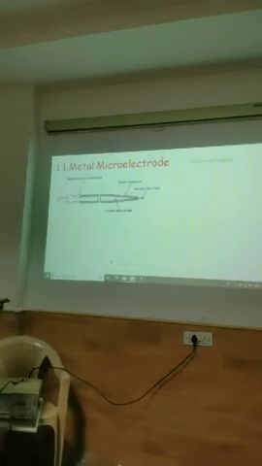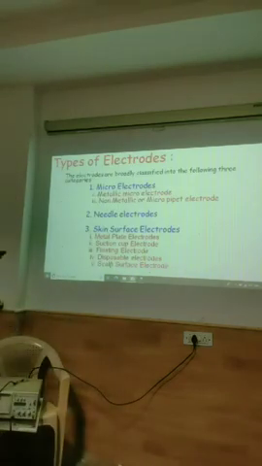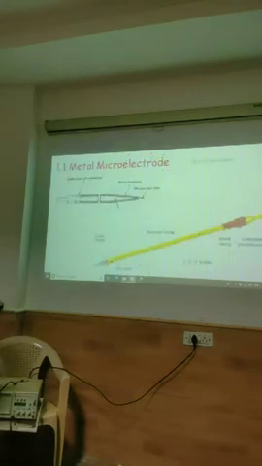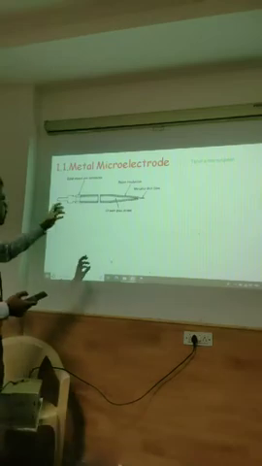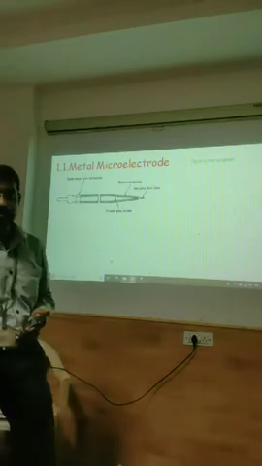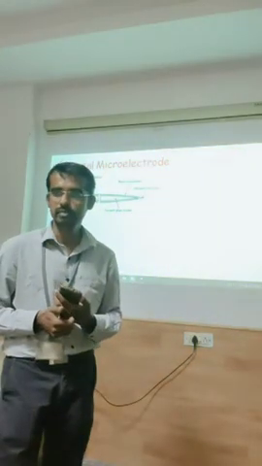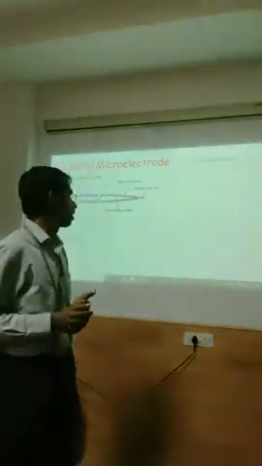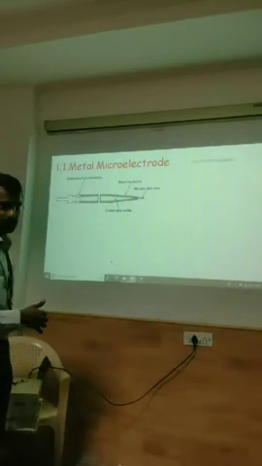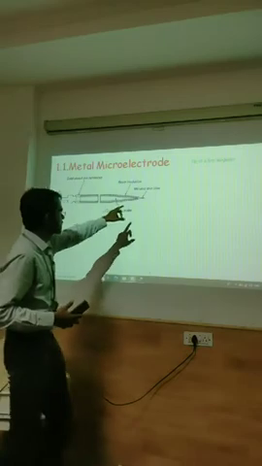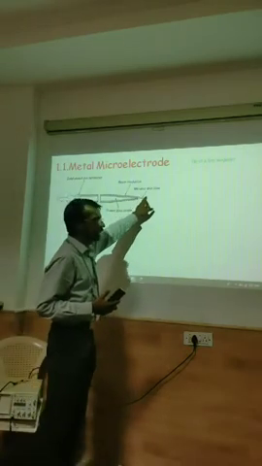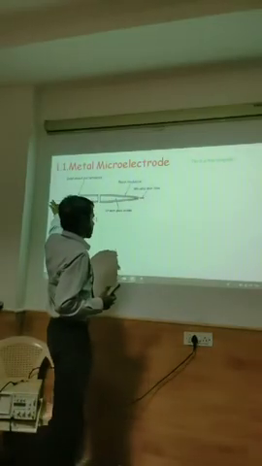First, the first type was microelectrodes, and under that, metallic microelectrodes. From the name micro, what is understood? Micro means small. Here the electrode is at the tip, and these are all the holding arrangements.